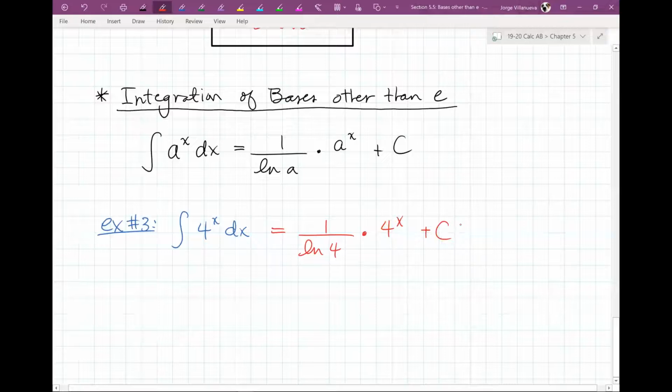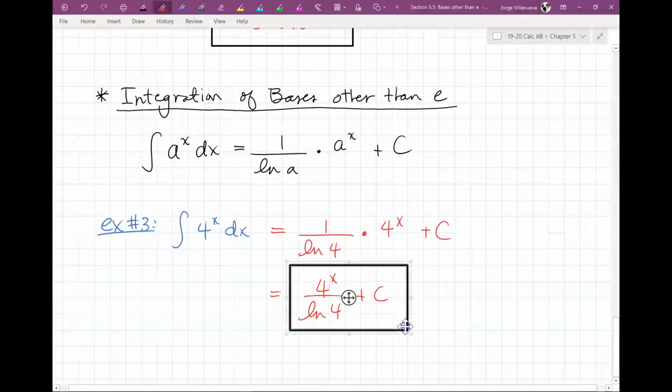And that's your answer. If you want to write it together, 4 to the x over ln of 4 plus c, that's fine too. But it's based on the definition. I don't actually have to use a power rule or anything like that. Once it looks like that form, I just utilize the definition. Okay?